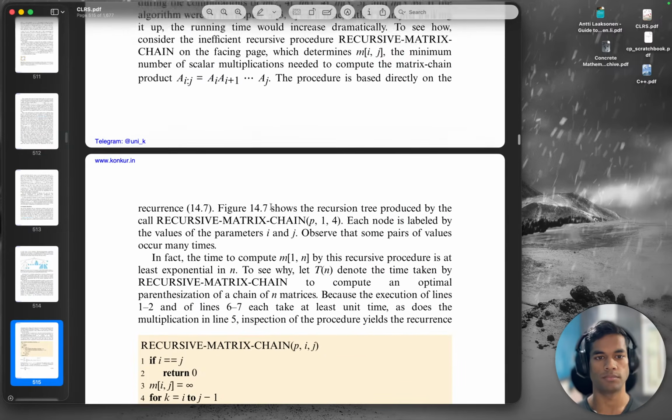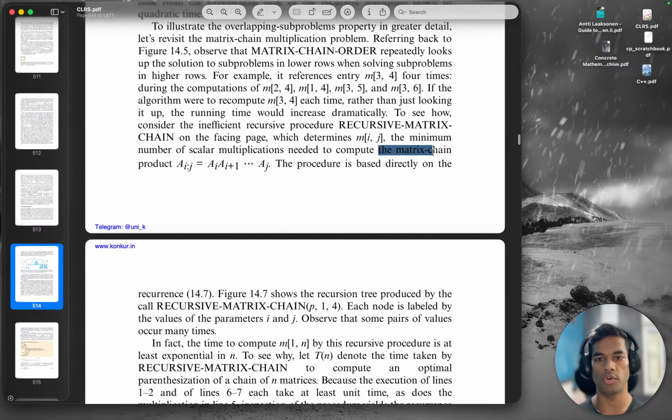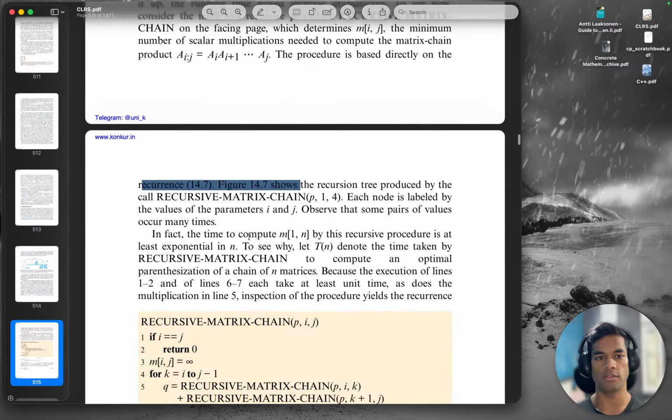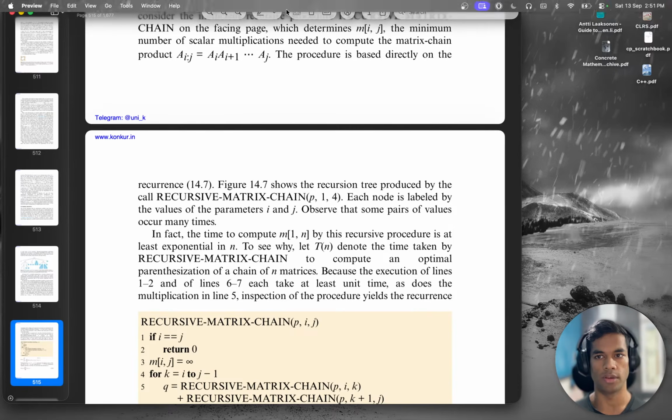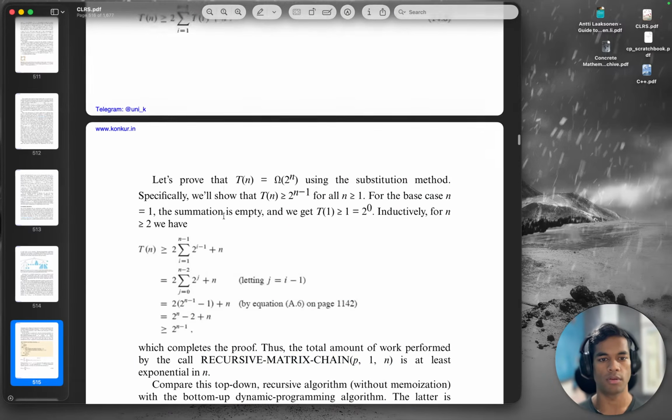This one, which determines Mij, the minimum number of scalar multiplications needed to compute the matrix chain product from matrix i till j. The procedure is based directly on the recurrence 14.7, which we derived while we were solving that question. Figure 14.7 shows the recurrence tree produced.